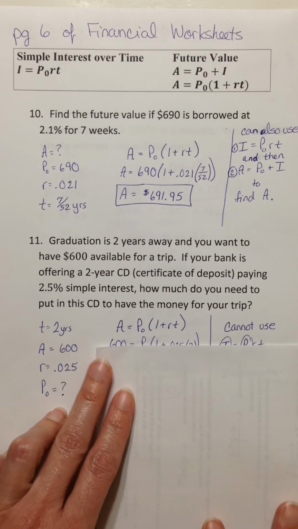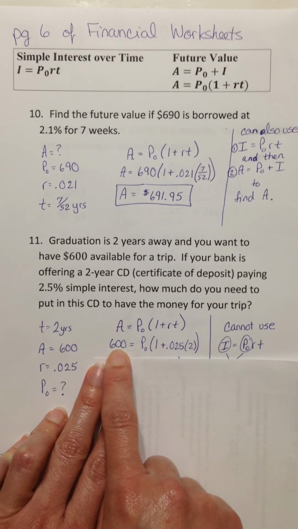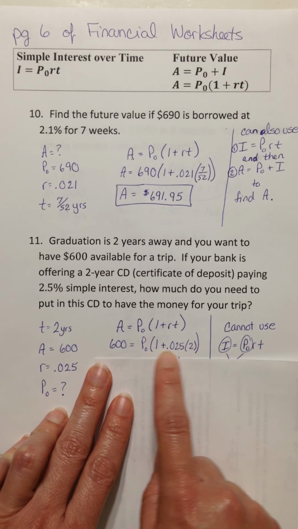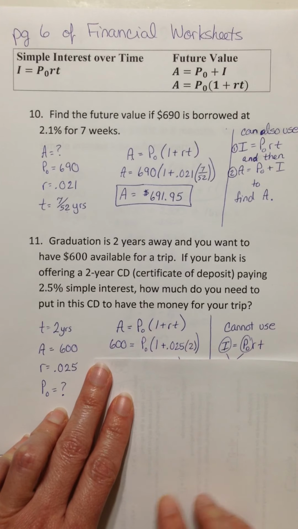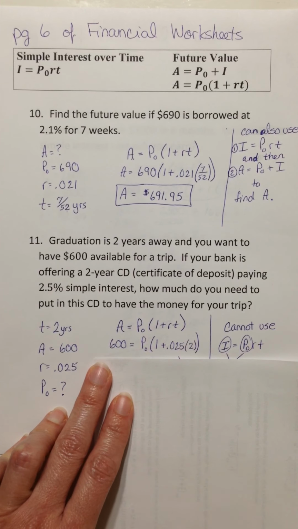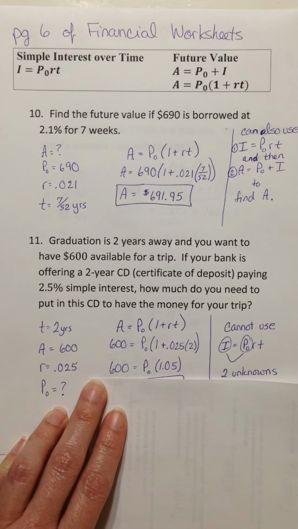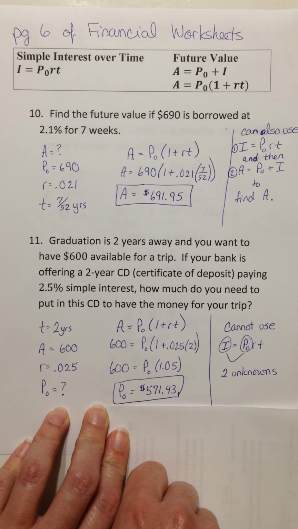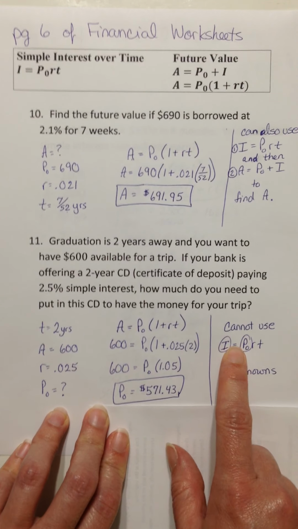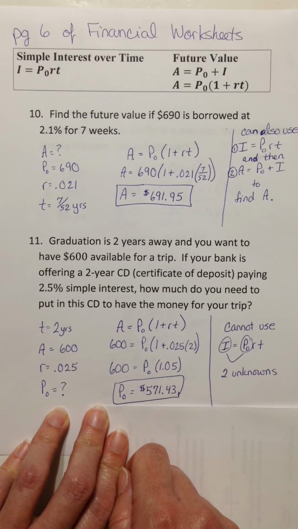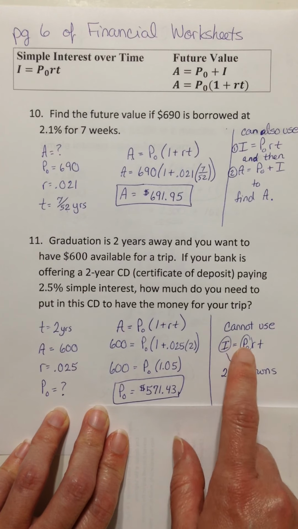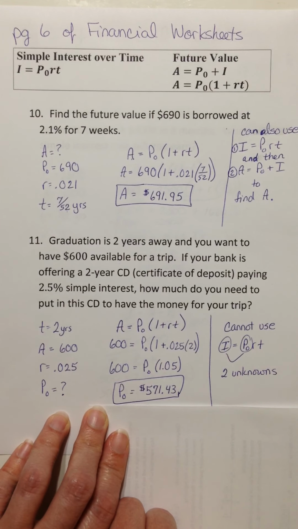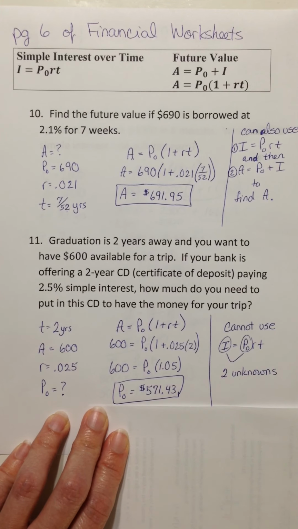So if we use the future value formula, A is the 600, we're looking for the P, plug in our rate and time, put all this into your calculator to get 1.05, divide by the 1.05 to get $571.43. You could not use I equals PRT in this case because you have 2 unknowns. You don't know the I or the P, so you cannot use that formula, you must use the future value formula.